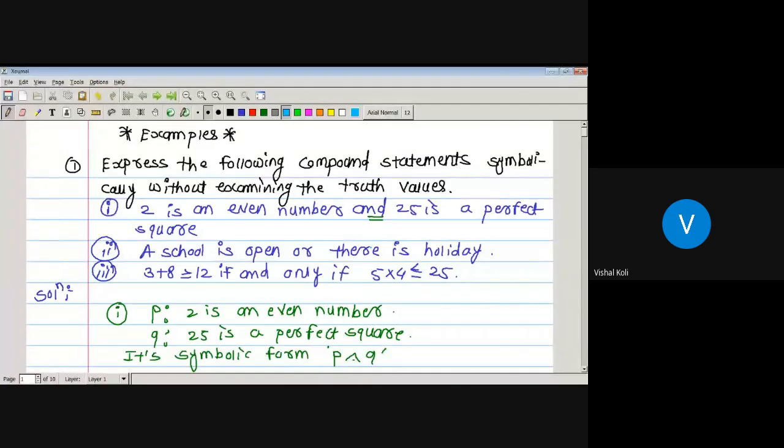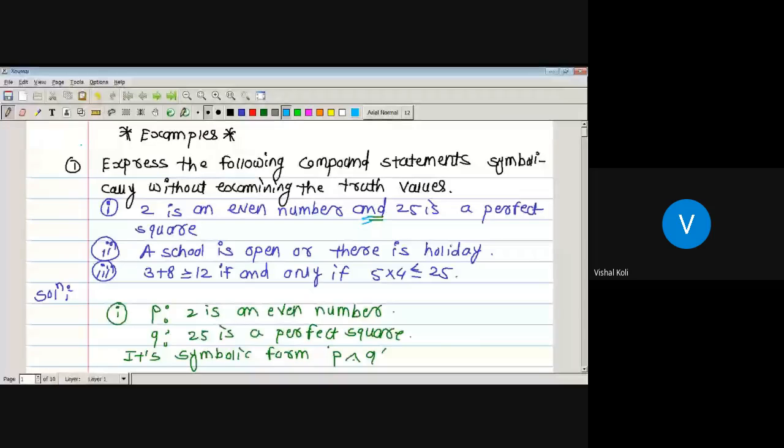Now in the first statement there is the connective and, and we know that it is then called a conjunction. Second one, school is open or there is a holiday: by the definition of disjunction, if two statements are combined using the connective or, then it is called a disjunction.